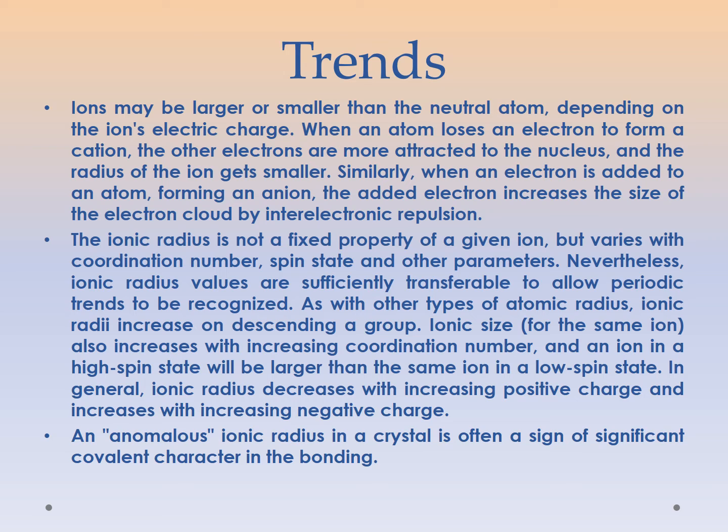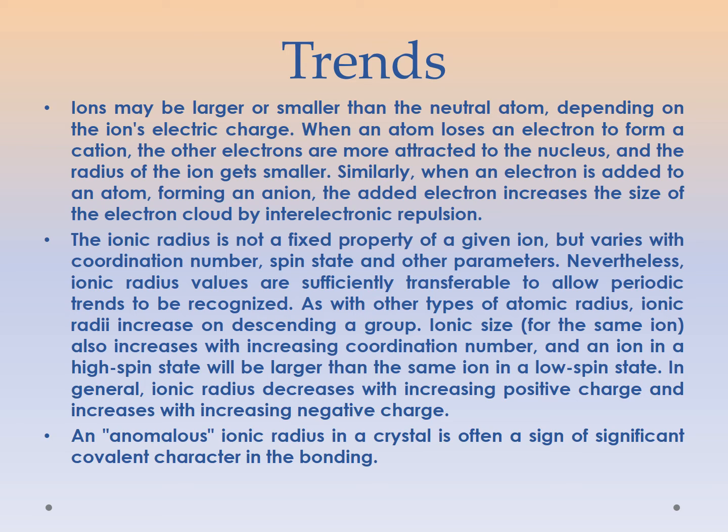Ions may be larger or smaller than the natural atom depending on the ion's electric charge. When an atom loses an electron to form a cation, the other electrons are more attracted to the nucleus and the radius of the ion gets smaller. Similarly, when an electron is added to an atom forming an anion, the added electron increases the size of the electron cloud by inter-electronic repulsion.